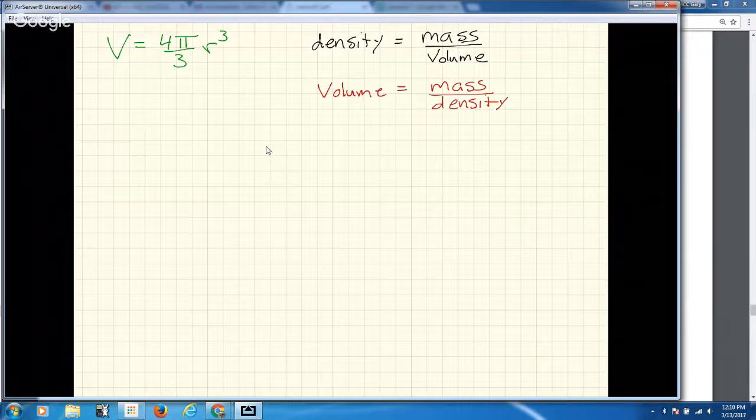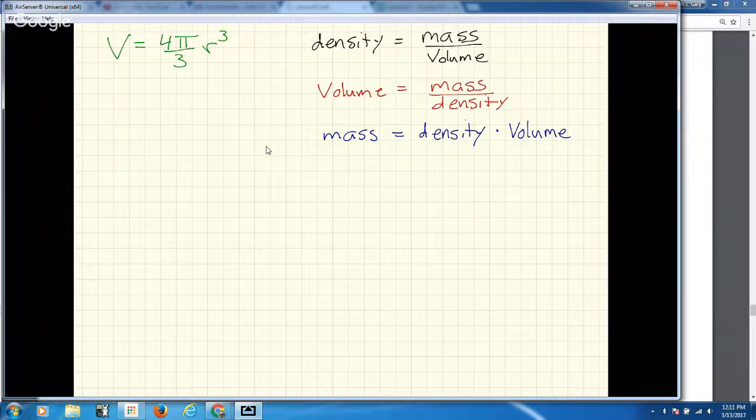And an alternative version of that would be to isolate mass, multiplying density to the other side, or vice versa. And then we get that mass is equal to density times volume. So those are the three versions of that equation that can come in handy here.